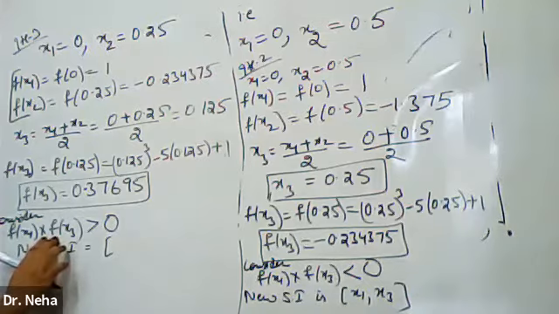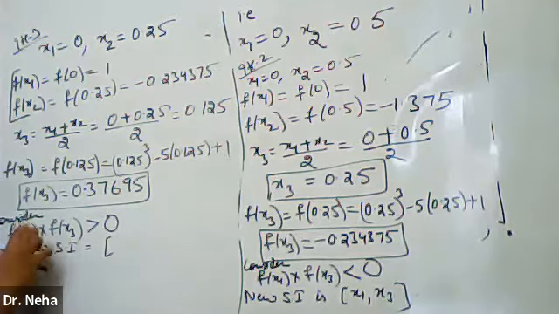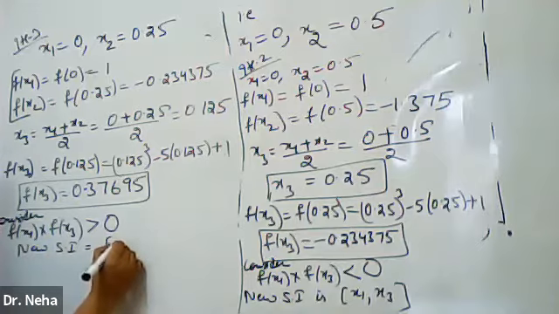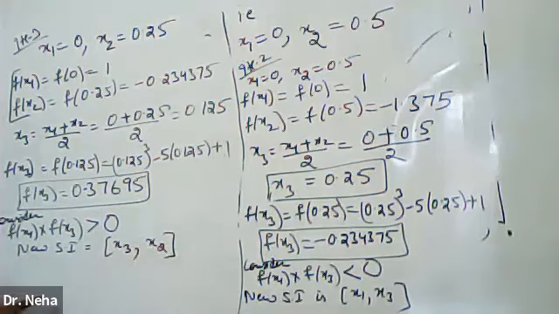It should be negative. Now x1 and x3 are in the same direction. That means these two values cannot be taken. That means we have to neglect x1. That means x1 will be replaced with x3 and x2 will remain the same now. This is a very important step. Now the new search interval is x3, x2.